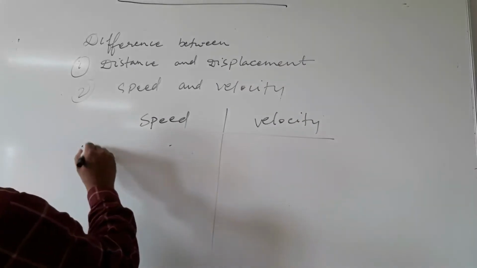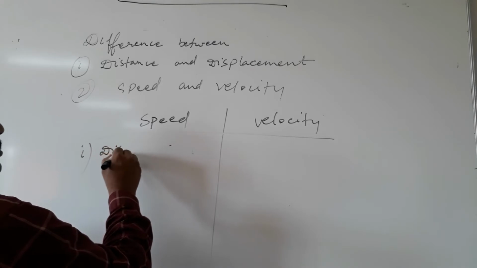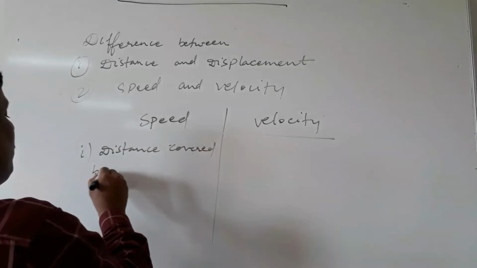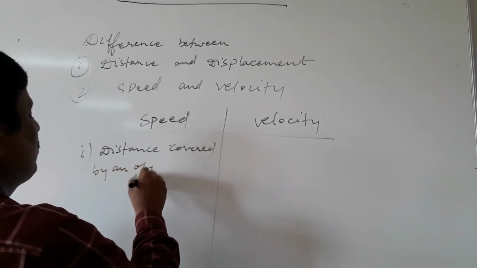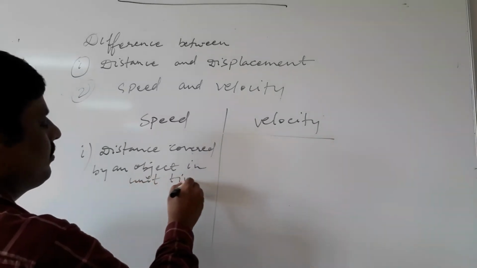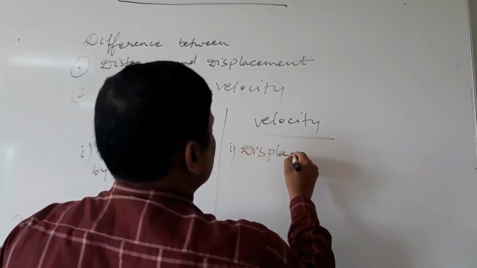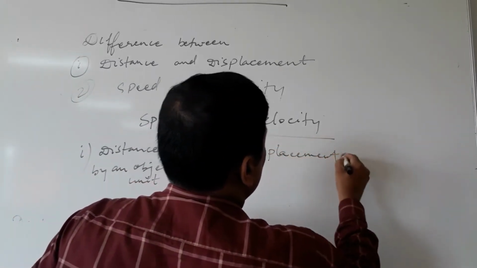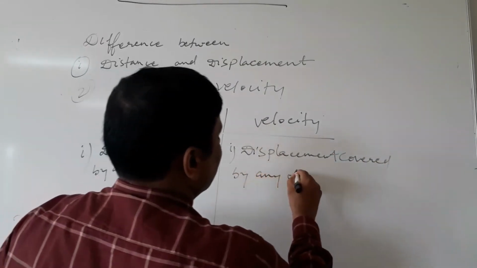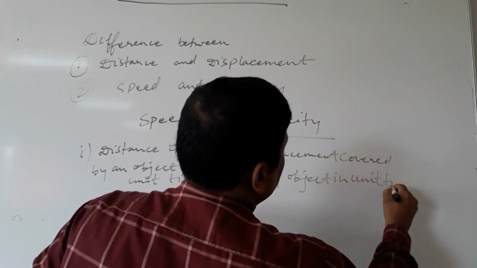Two points here. Speed is distance covered by an object in unit time. Velocity is displacement covered by any object in unit time.